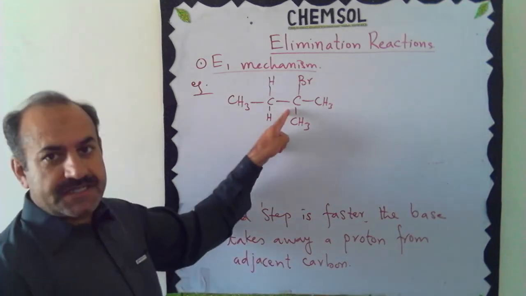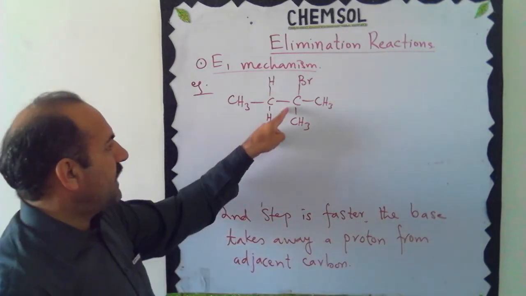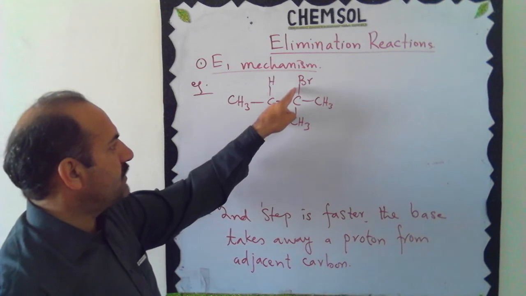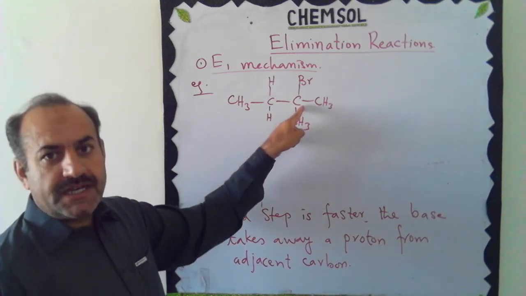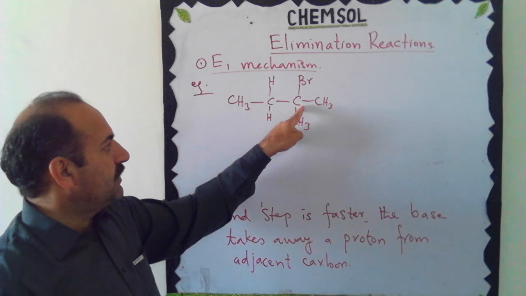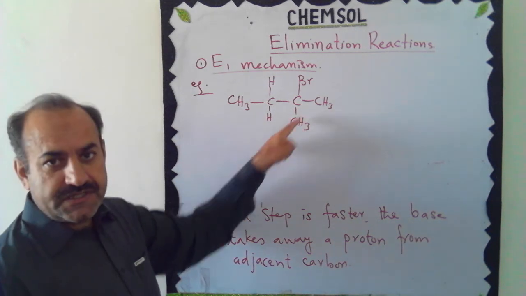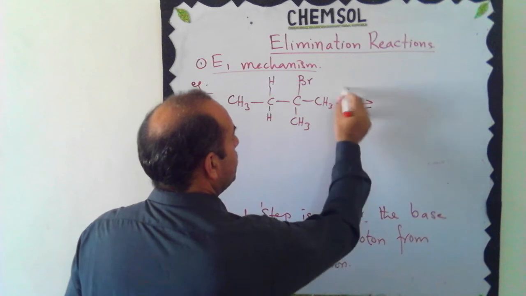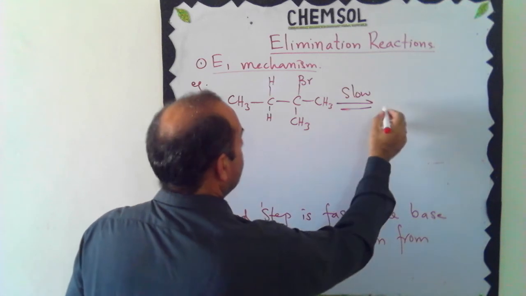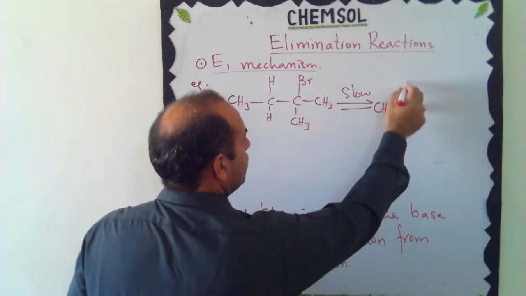This is a tertiary alkyl halide. The tertiary alkyl halide is one in which the halogen atom is attached to a tertiary carbon, while a tertiary carbon is the carbon which is attached to three different carbon atoms.